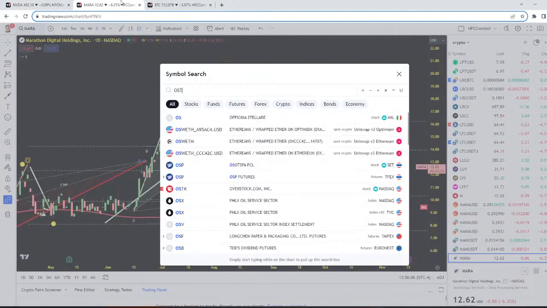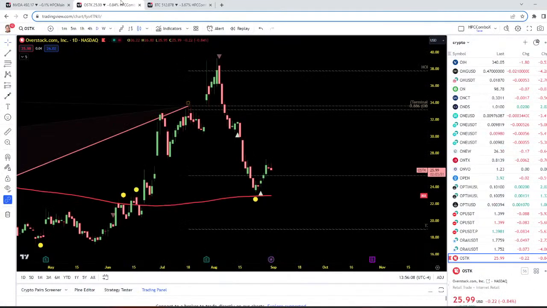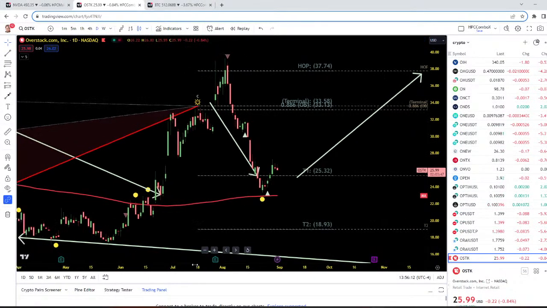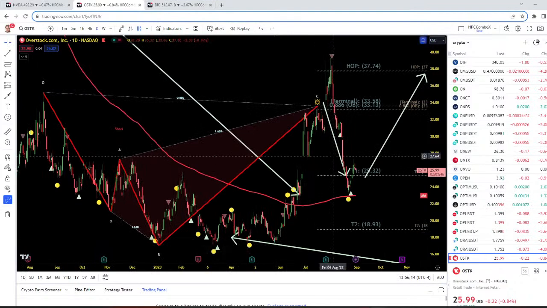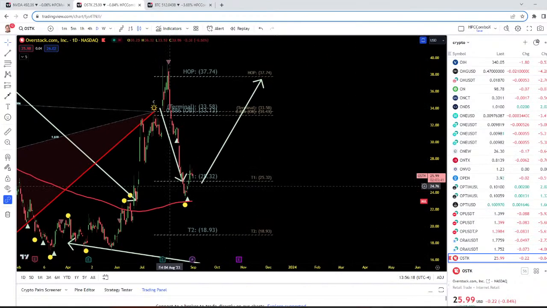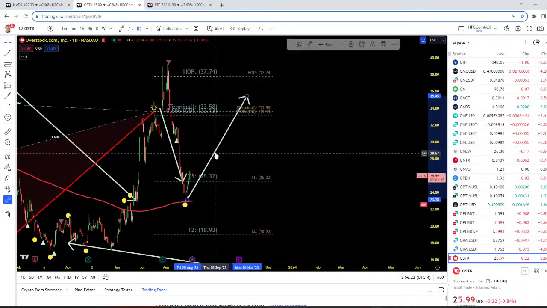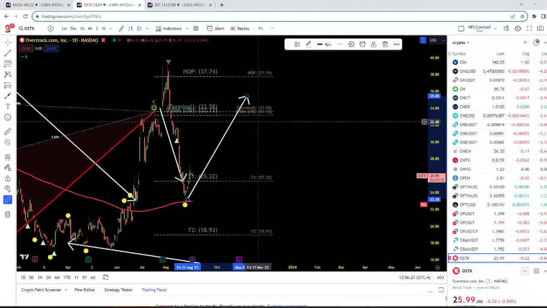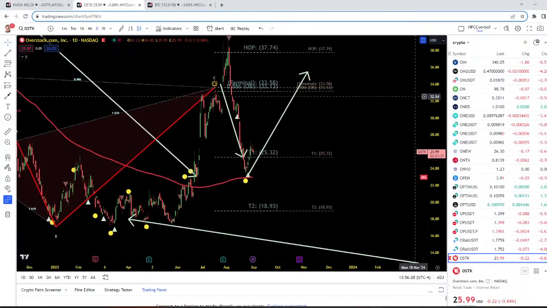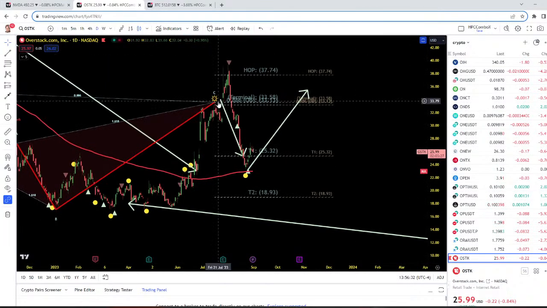The other one that I find is kind of the sleeper, where I haven't done anything yet, is Overstock, kind of a sleeper crypto. It's a shark to 5.0 here, and we just finished it. So I'm looking around 25 for that, to at least maybe do some kind of reaction move back to 33. We'll see.